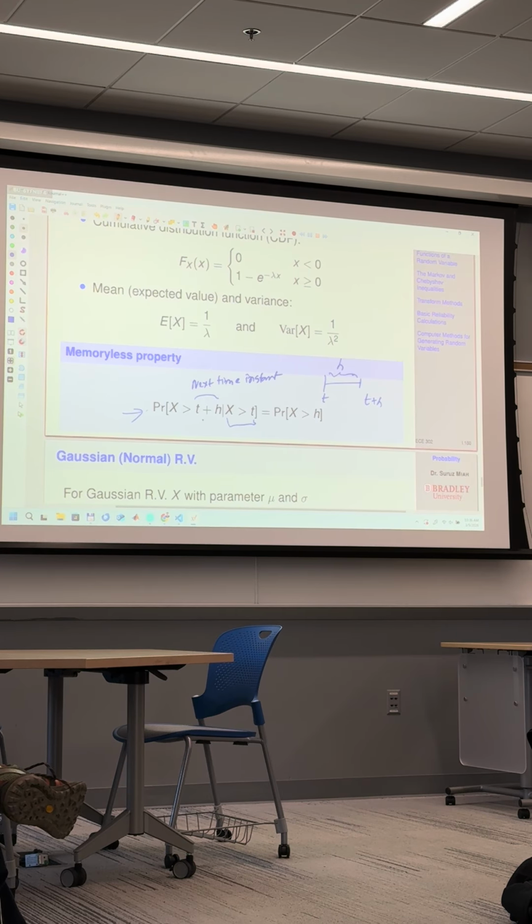That's all it means. You simply forget what you did here. You simply don't care how you got here. So to estimate the signal, to find the probability of a certain event at t plus h depends only on the previous time interval h. That's all this memoryless property is about.